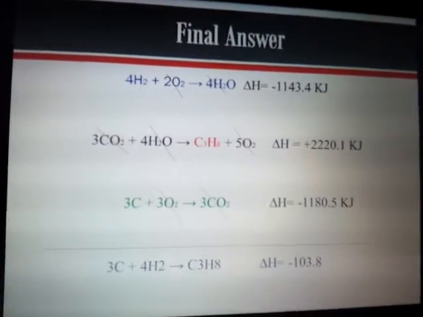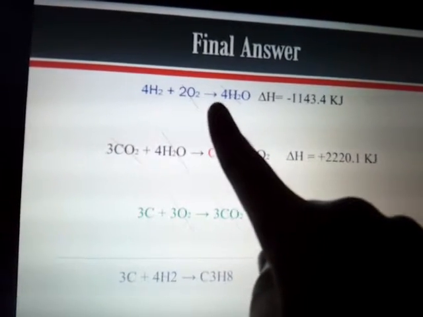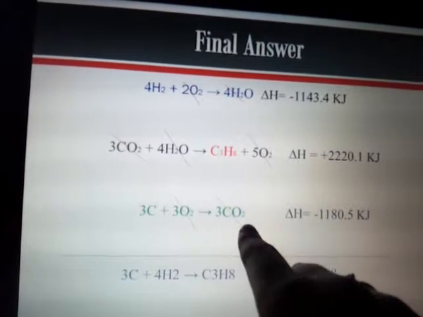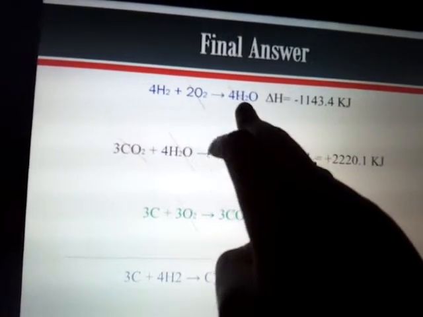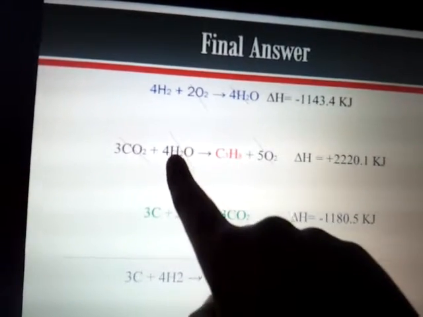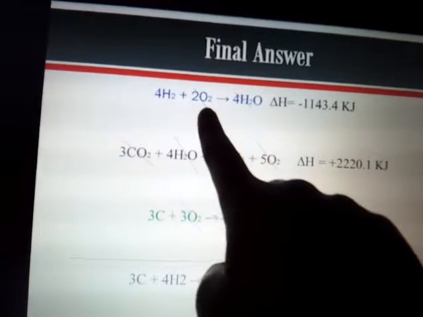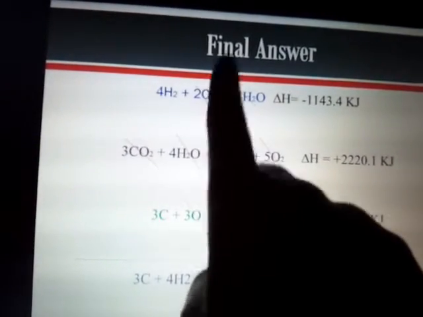Okay, so basically to get your final answer, you have to see what's on opposite sides of the yields symbol, and you've got to cancel them out. Start with 4H2O. It's on the right side here, but it's on the left here, so those are going to cancel. If you add 2 oxygens and you add these 3 O2, they're on the same side of the bar, so you can add those.